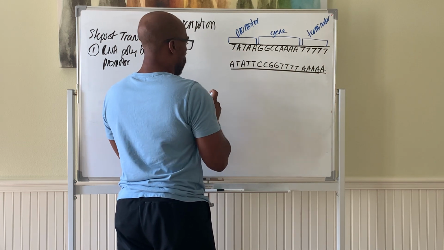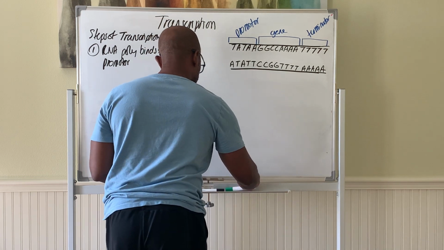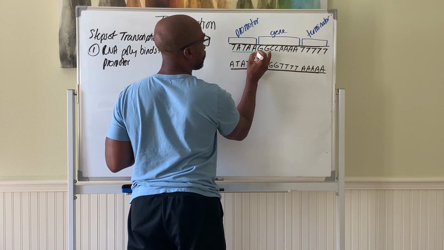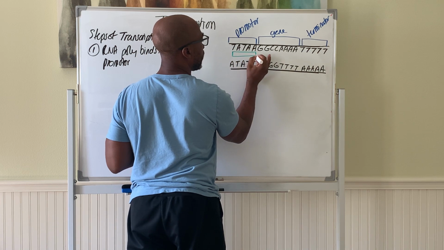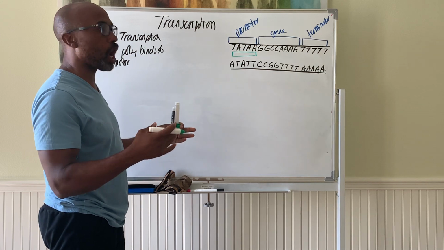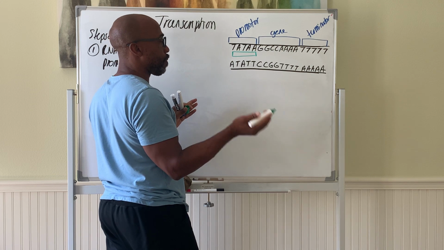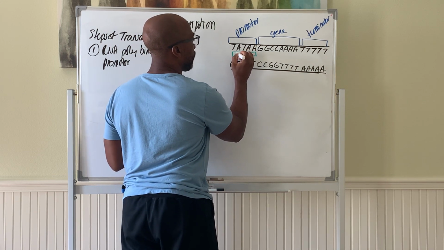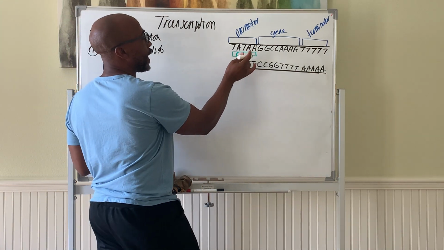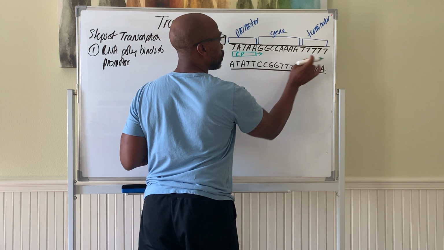Once it's exposed, the RNA polymerase will bind here to its promoter. The promoter region can be a sequence of nucleotides such as the TATA box, very common sequences for promoters. And this is your RNA polymerase here. Its job is to bind to the promoter and then copy the DNA into RNA.